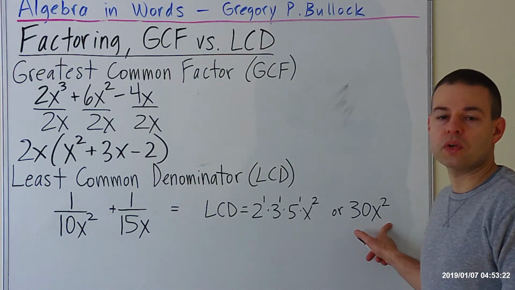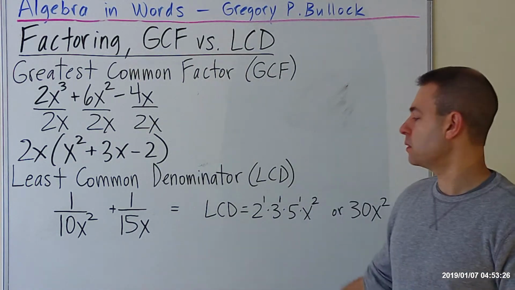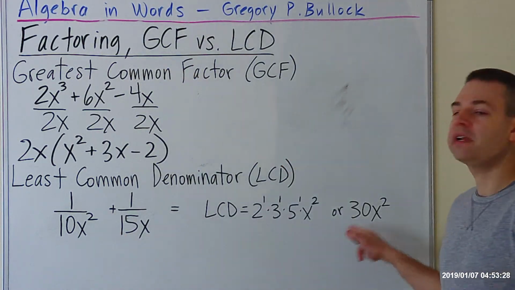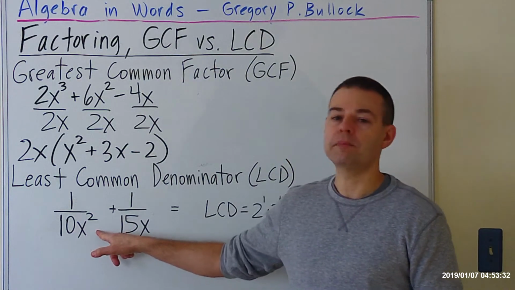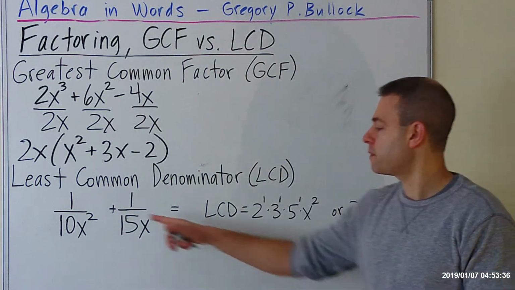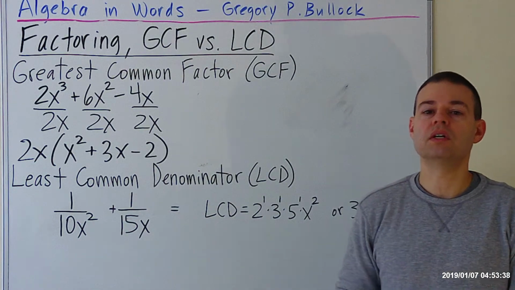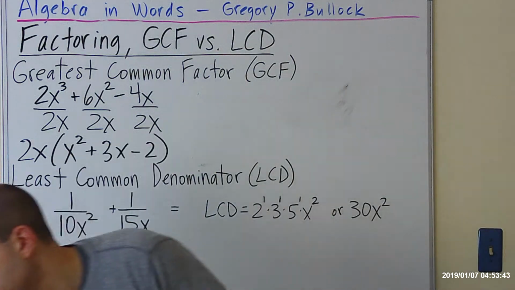And this is what you should be asking yourself: what's the missing factor you can multiply the 10x squared by to get 30x squared? And the answer for this one is 3. So we're going to multiply the top and bottom of that fraction by 3.